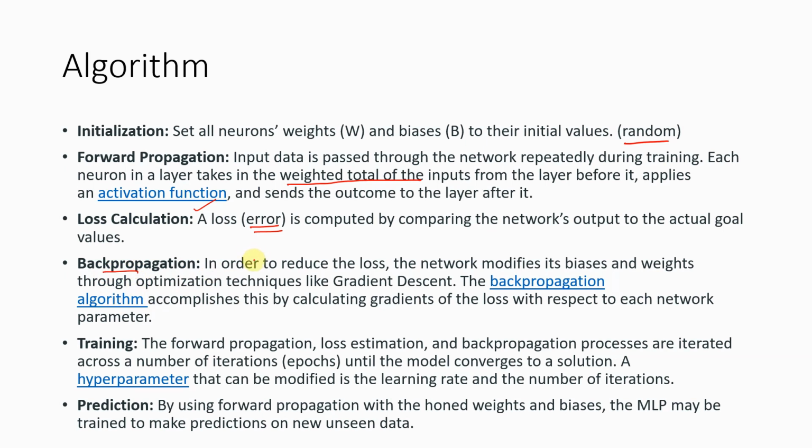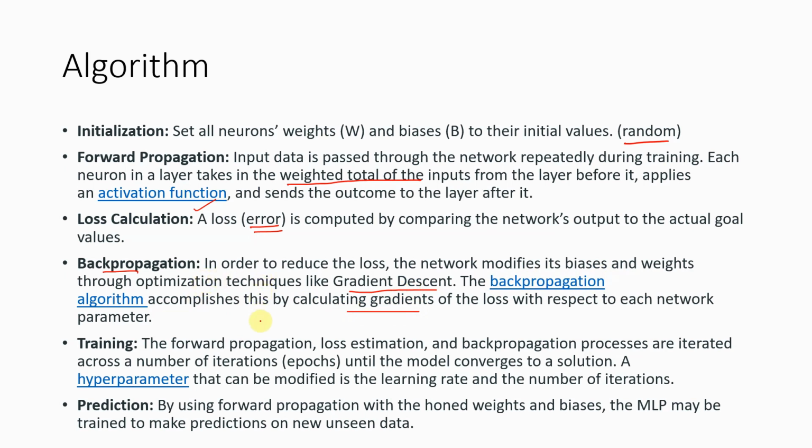Once the error is computed, to reduce the error, the network modifies the bias and the weights through some optimization techniques during the backpropagation learning, by using the learning algorithm called gradient descent backpropagation learning algorithm. The backpropagation algorithm calculates the gradients of the loss with respect to the network, and based on that it modifies the bias and the weights in the backward direction during the backpropagation phase.